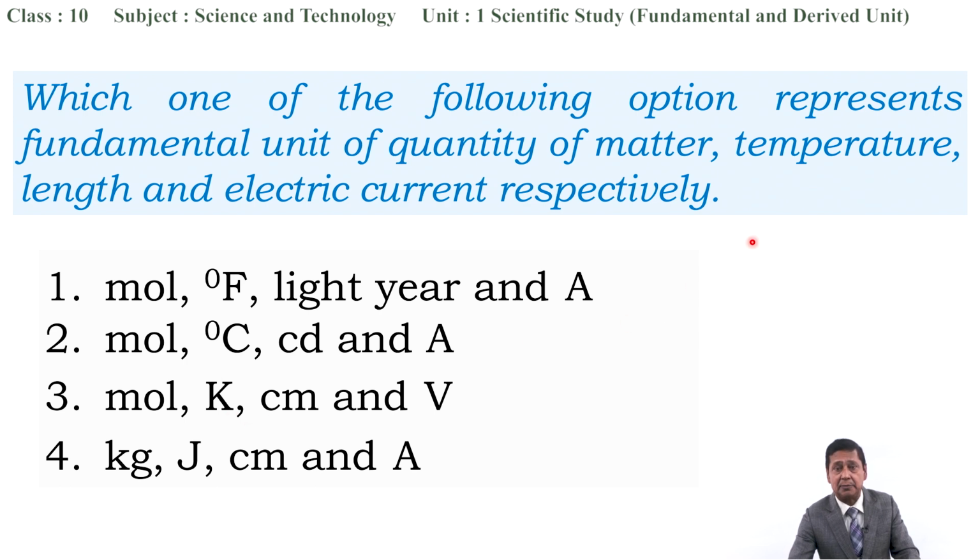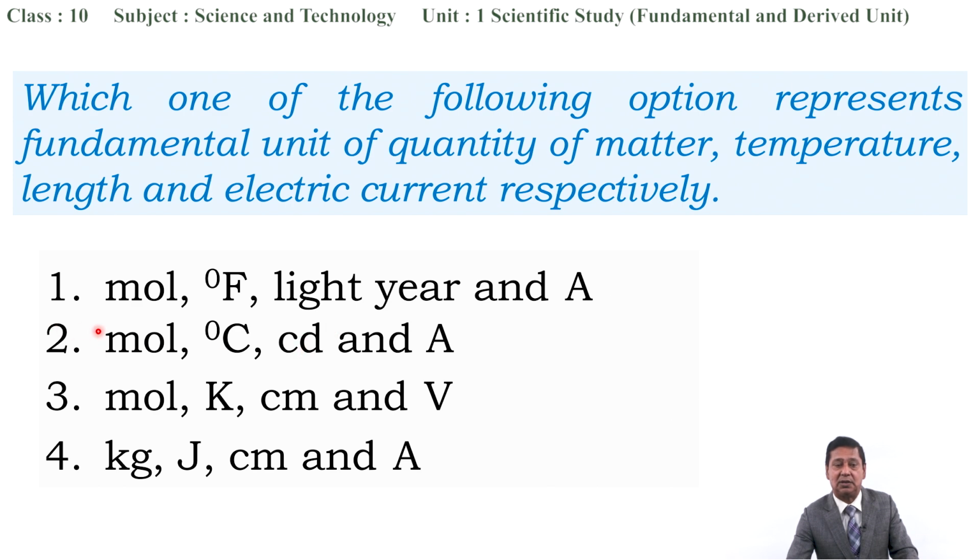But we have to go through the third option, length. Now in the first case, light year is taken. Do you think that this is the unit of length? Yes, the distance between the stars and galaxies is measured in light year. That's why this is a unit of length. Candela, do you think this is the unit of length? No, this is the unit of luminous intensity.